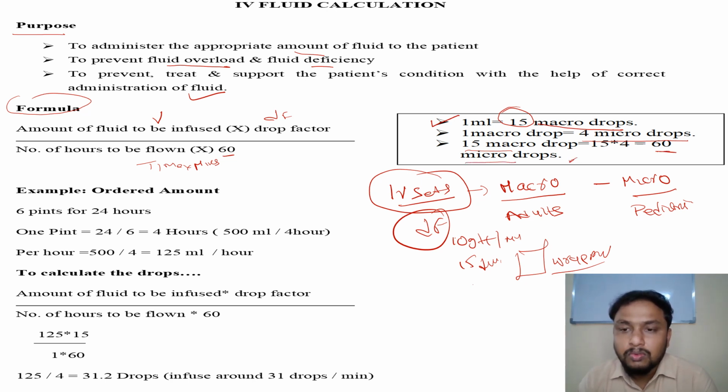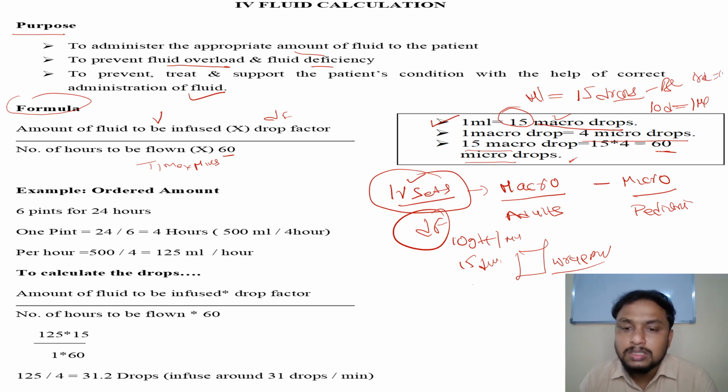First we will discuss adults or macro drop sets. In each ml delivered through the IV set, 15 drops equal 1 ml. Based on the company producing, some IV sets may have 10 drops equal to 1 ml, some 18 drops equal to 1 ml.